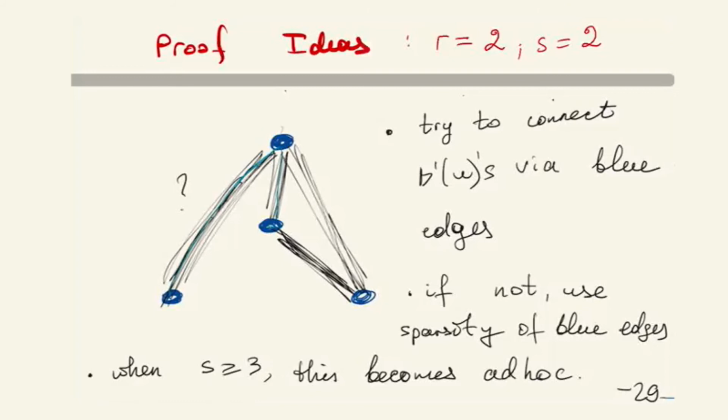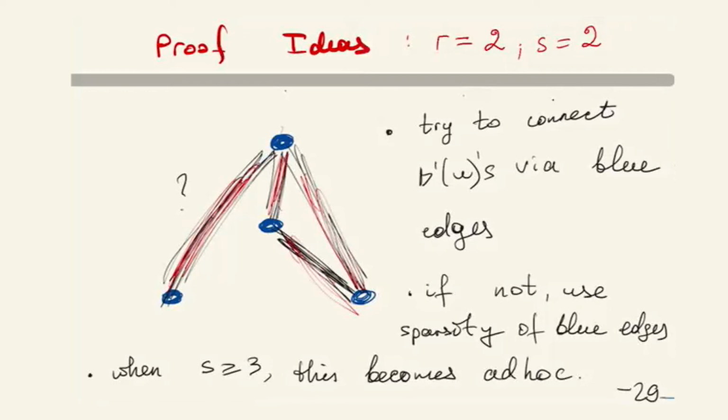So basically we try to connect the sub-blobs that we found in color blue across the blobs. But what if you cannot do this? What if you are really sparse? In particular, it could be that everything here is red. Then you have to somehow make your path go across from blob to blob, so you can't actually use any edge even inside these blue parts.